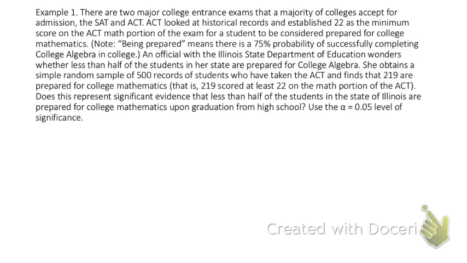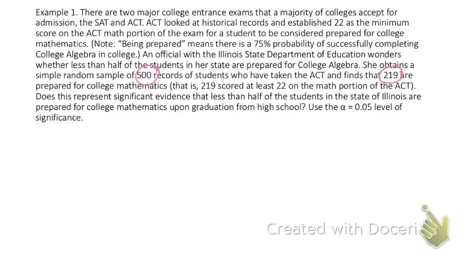An official with the Illinois State Department of Education wonders whether less than half of the students in her state are prepared for college algebra. So basically, the state of Illinois thinks that their students are not prepared. She obtains a random sample of 500 students and records their ACT and finds that 219 are prepared.